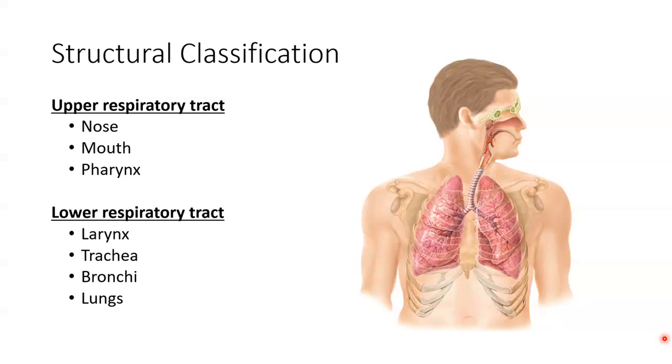A lower respiratory tract infection is usually much more serious and it affects the lungs themselves. So symptoms include shortness of breath, feeling weak, often having a fever, quite a wet cough, and fatigue. Lower respiratory tract infections can also develop into conditions like bronchitis and pneumonia.